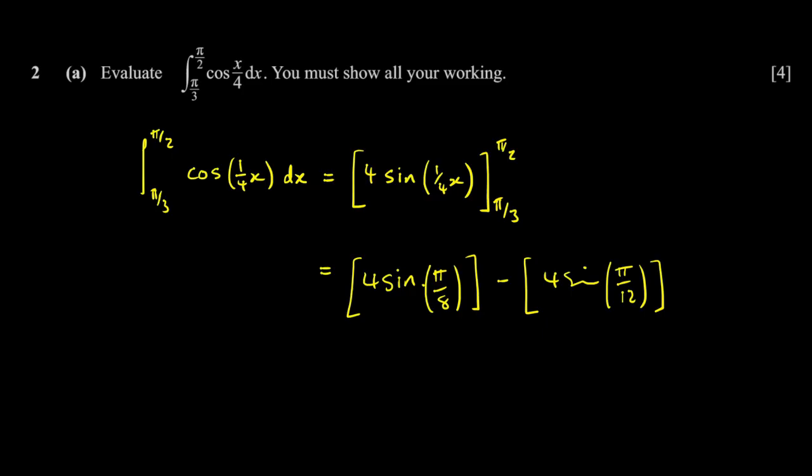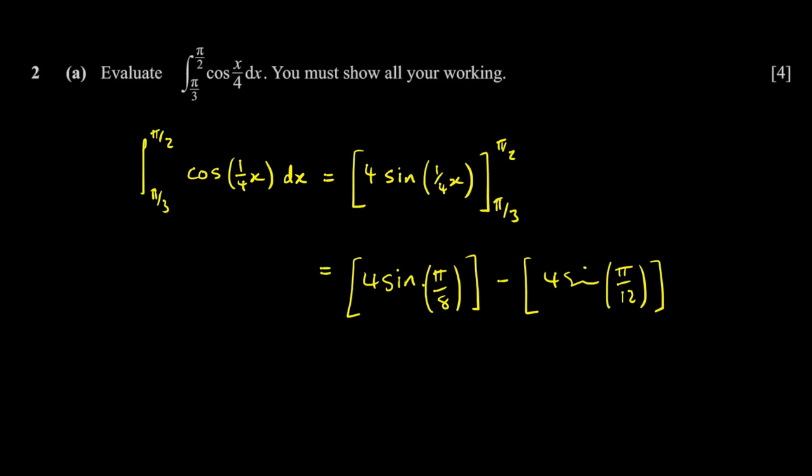And the reason for that is that the proofs for differentiating sine and cos require the use of radians, okay? So if you're doing a question where you're differentiating or you're integrating a sine or cos or tan, your calculator must be set to radians, and I suggest you do that right at the beginning.